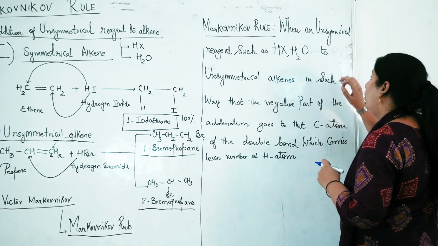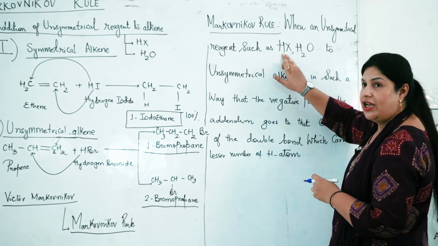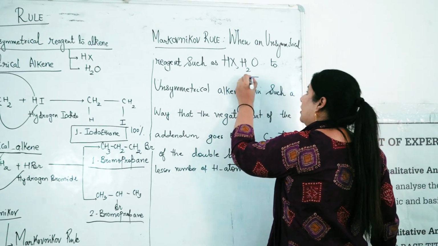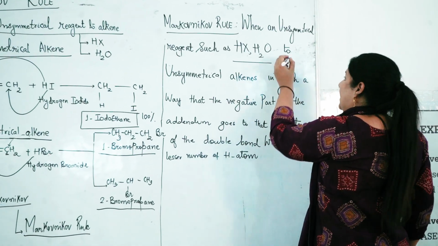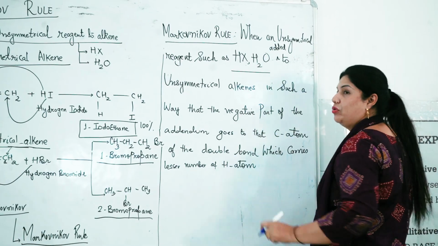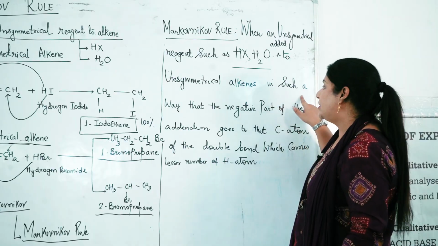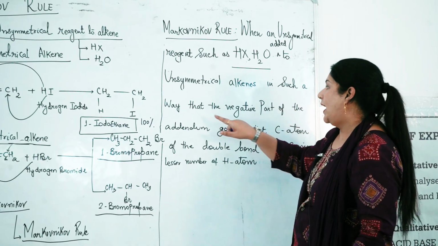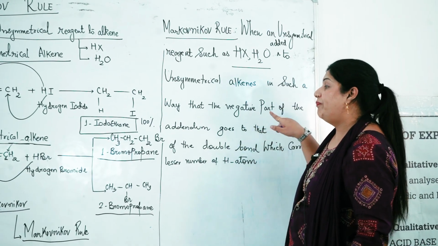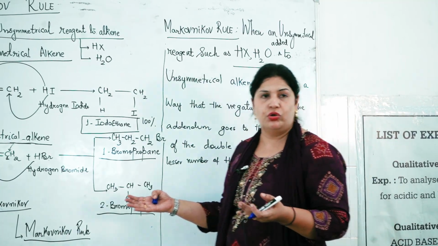is, when unsymmetrical reagent such as hydrogen halide, water is added to unsymmetrical alkene in such a way that the negative part of the addendum, what is the negative part here, students?